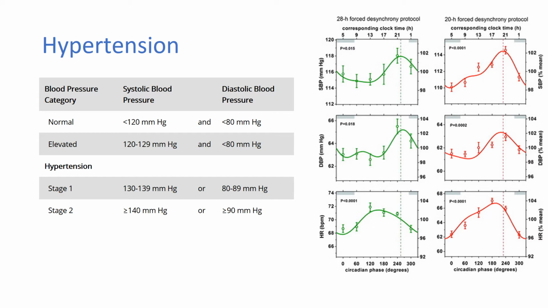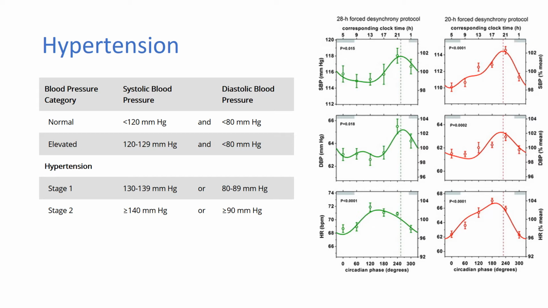So just starting off by defining hypertension, if you look in the table to the left, you'll see that stage 1 hypertension, or the beginning of hypertension, has a systolic blood pressure lower limit of 130 millimeters mercury and a diastolic lower limit of 80. And then it can go higher if you go above 140 for systolic or 90 for diastolic, and then you would be considered stage 2.